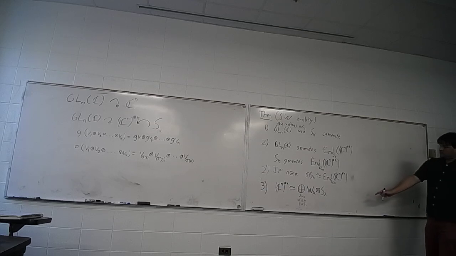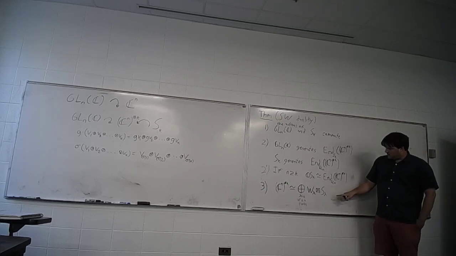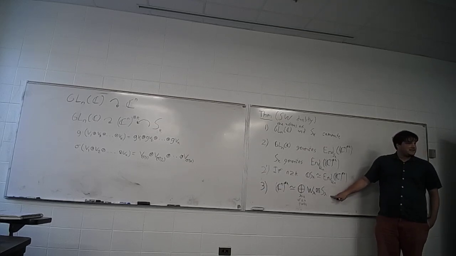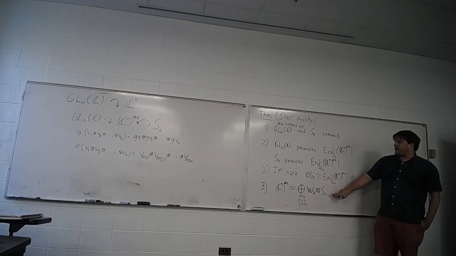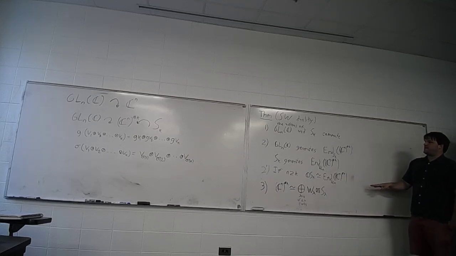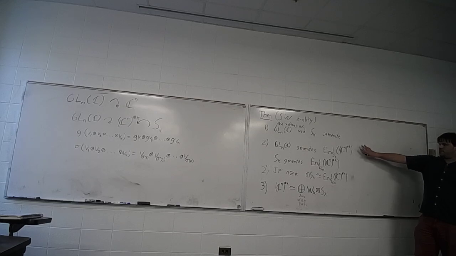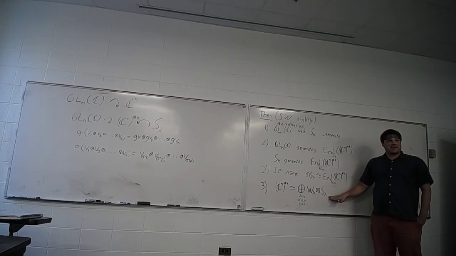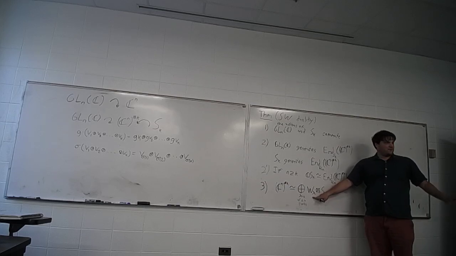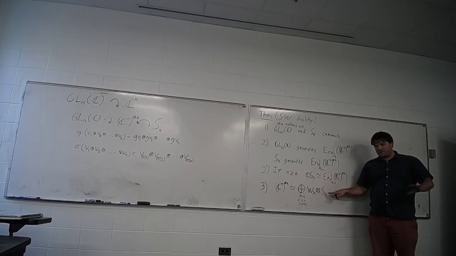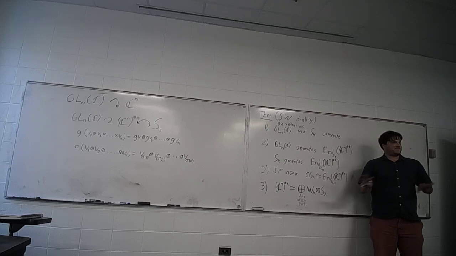And what I want to say is that this is really nice. In some sense, it's a corollary of this double centralizer property. Anytime you have a double centralizer property, you get a decomposition like this, where you have one irreducible on one side matched with another irreducible on the other side, and there's no repeats.